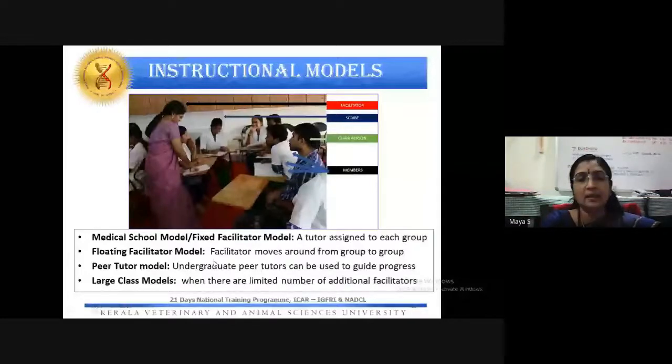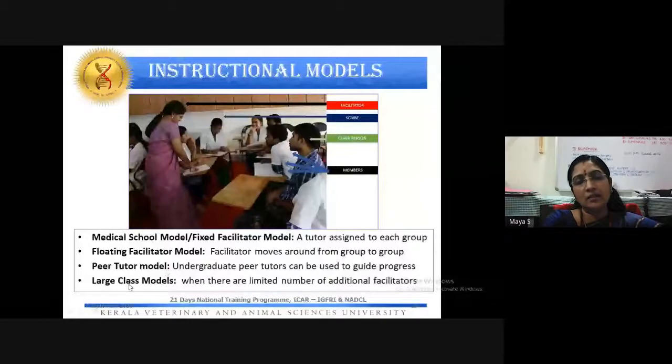That is known as the peer tutor model. Then the large class model is the final one, where there will be only a teacher, and additional facilitators will not be there. So a single teacher has to motivate all the student groups. So there can be different instructional models for problem-based learning.